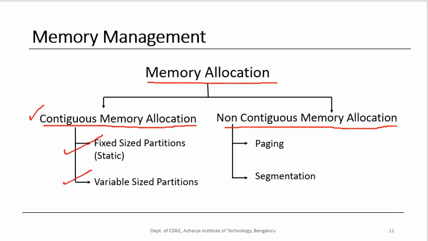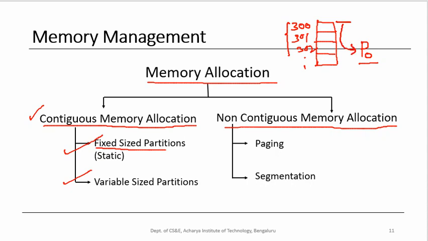Before I take up the fixed sized partition approach, you'll have to understand the meaning of the word contiguous. Suppose you have different memory locations with addresses like this: 300, 301, 302 and so on. Now these locations are called contiguous memory locations. So when some process P0 requests for memory, the contiguous memory locations are allocated to P0.